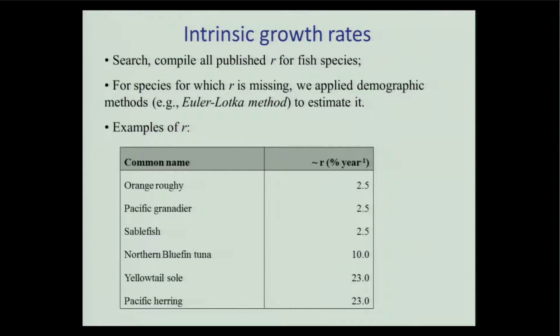Orange roughy in Namibia, they found it in the early 90s. They gave experimental fishing to a few companies, and within 4 years, it was gone. They mined it. It's almost like a non-renewable. But these guys can sustain much more fishing pressure.